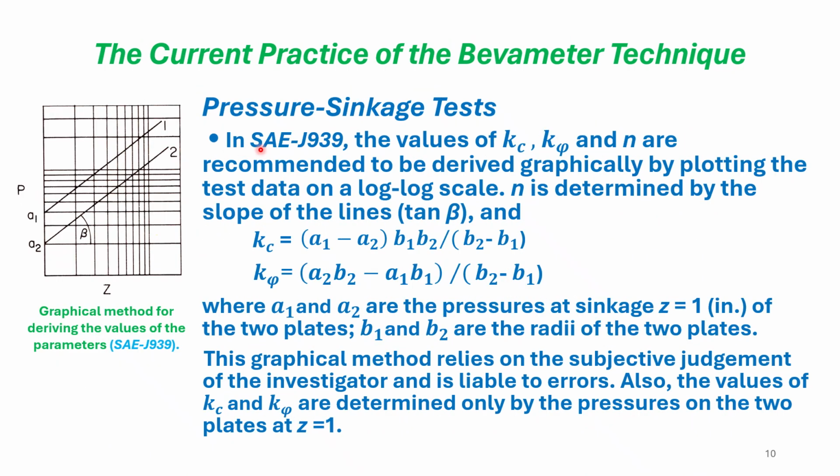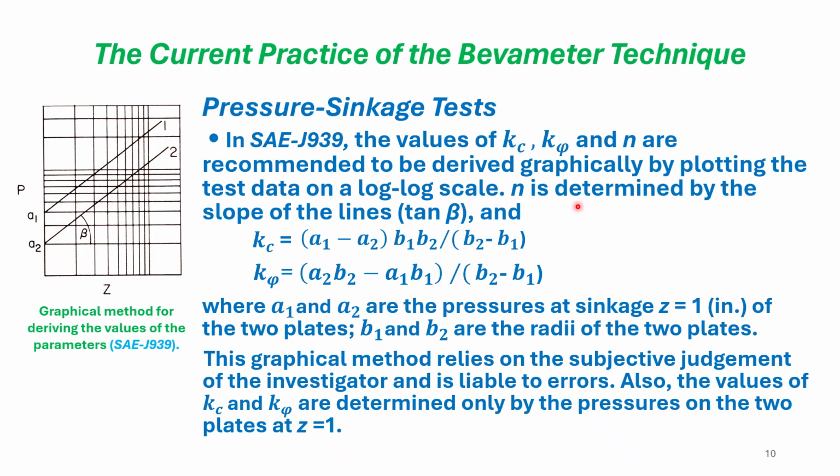In SAE J939, a recommended practice for off-road vehicle mobility evaluation, published in 1967, the values of Kc, K phi, and n are recommended to be derived graphically by plotting the test data obtained using 2 different sizes of plate on log-log scale, as shown in this diagram.